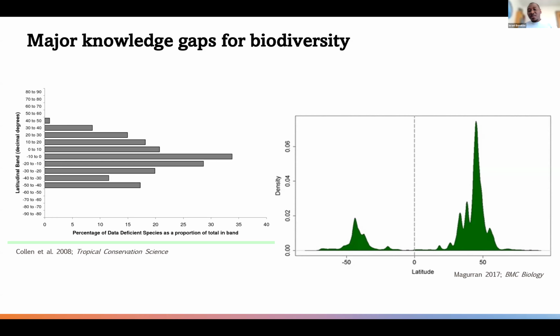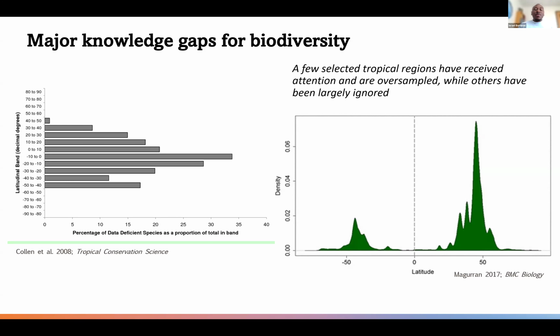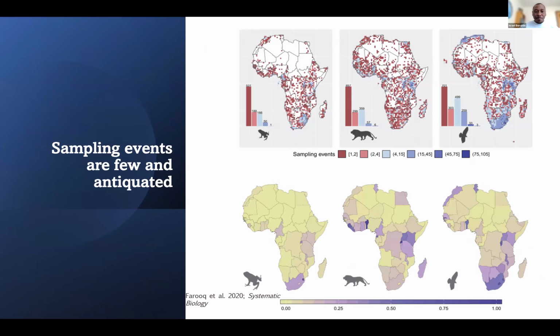And if you look on the slide on the right side, it's basically showing the same thing with the axis flipped, whereby you see in the latitudes on the x-axis that the areas where we have little information about biodiversity are those close to the equator as well, despite the fact that we have a lot of hypotheses that these are the regions that have the greatest biodiversity. And so how can we conserve biodiversity when our knowledge about it is really limited? And that is a major, major fundamental problem.